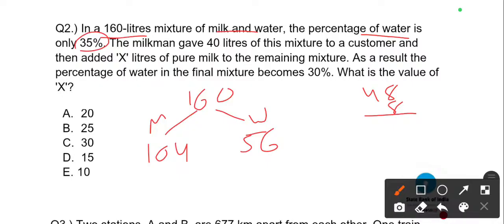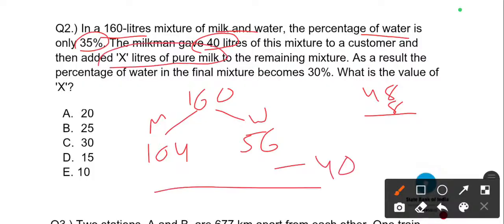The milkman gave 40 liters of mixture to the customer, then added X liters of pure milk. So here it is 56 and 104, so 104 is to 56. What is the ratio for this one? 8 1 times, 3 times, 8 7 times, 13 is to 7.